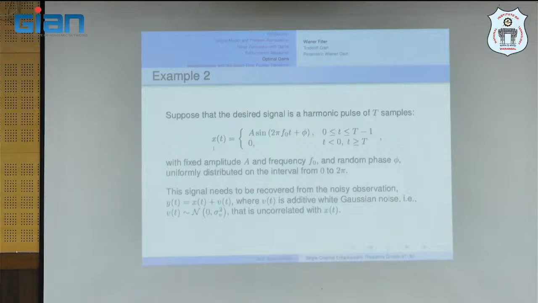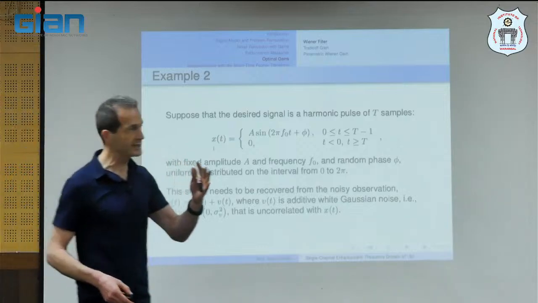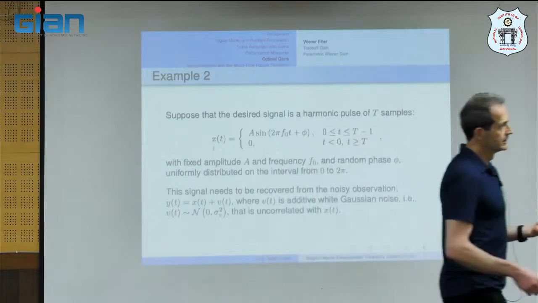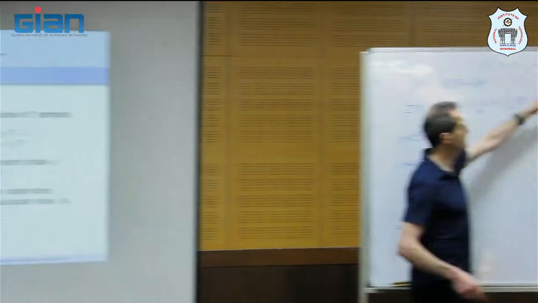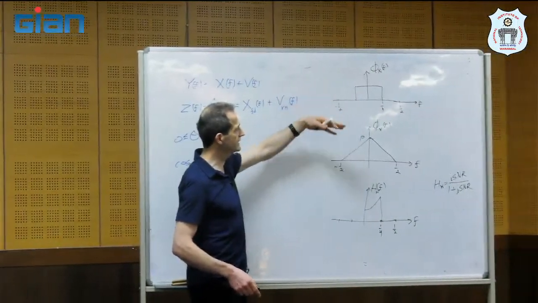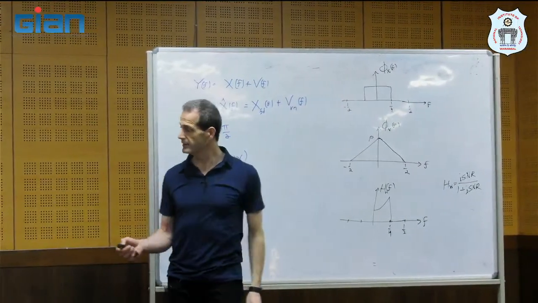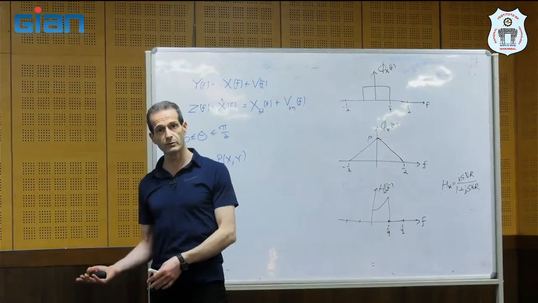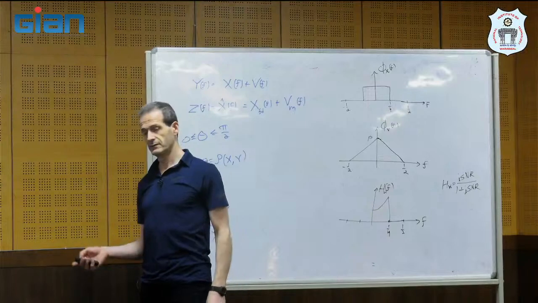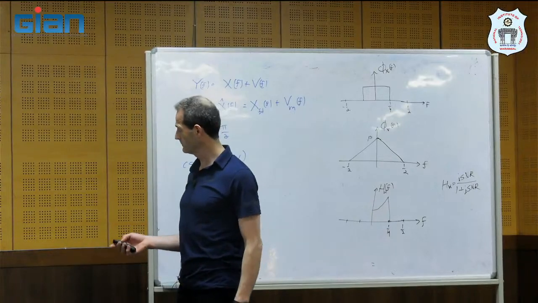In the first example, we specified the spectrum of each signal, the spectrum of the desired signal and the spectrum of the noise. Here, because it's given in the time domain, we need to move to the Fourier transform and find the spectra of these signals.